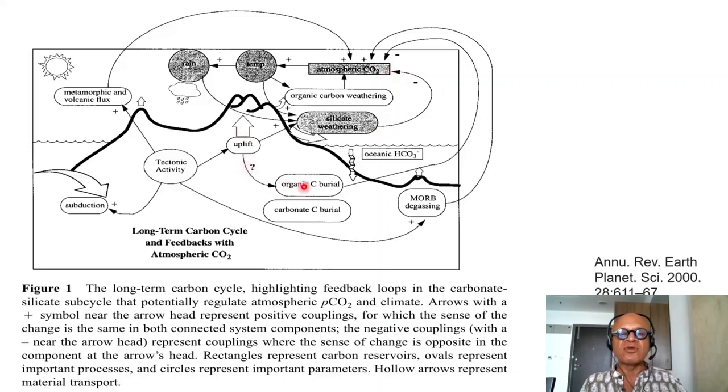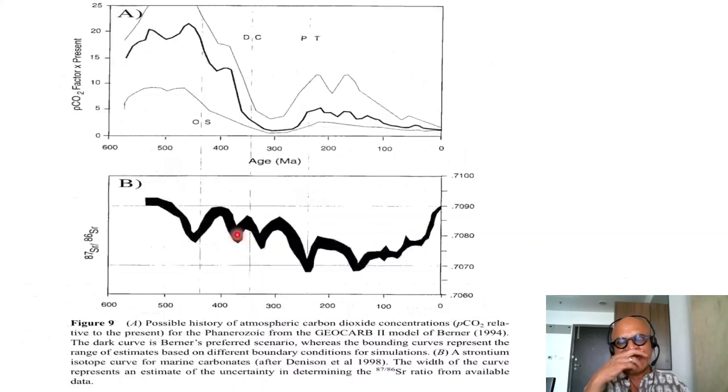Uplift's impact on organic burial rates is not always well understood, but organic burial obviously would have a negative correlation with atmospheric CO2. Ocean has a large role to play in terms of carbonate burial and so-called MORB degassing, which is the mid-ocean ridge basalt degassing. Okay, so these are the long-term CO2 reservoirs, and there are feedbacks implied, positive, negative, and sometimes plus-minus in some places, which means the feedback is neither strongly positive nor strongly negative.